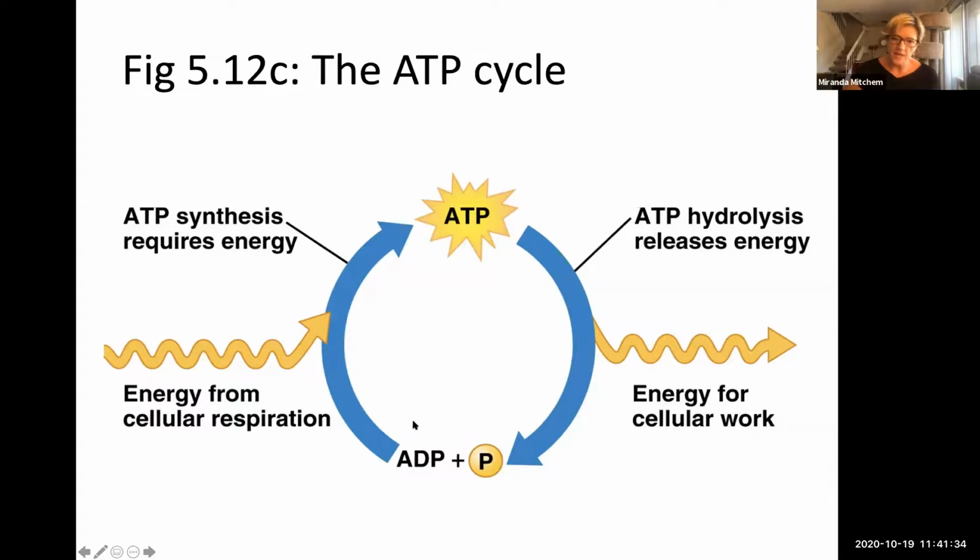If we complete the cycle, though, by adding a phosphate group onto adenosine diphosphate, this does require energy. It will make ATP. So breaking ATP releases energy. Making ATP takes energy. And this is the ATP cycle.